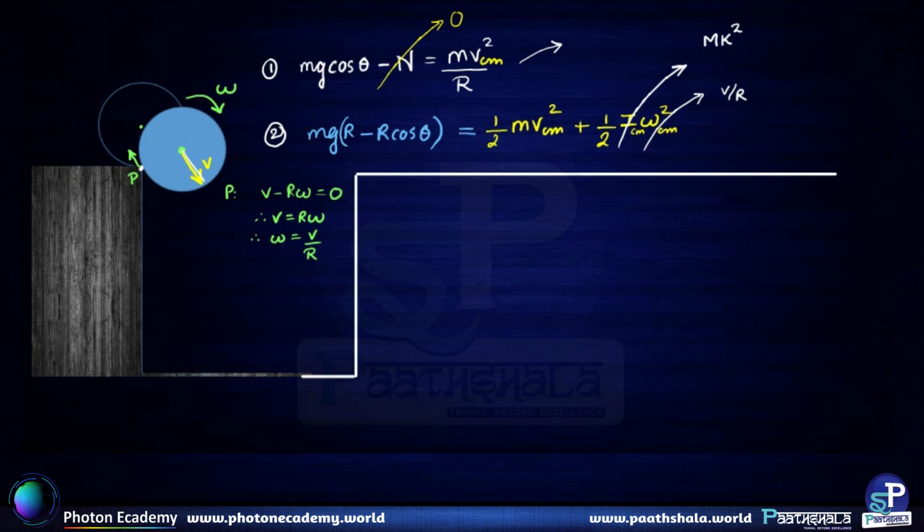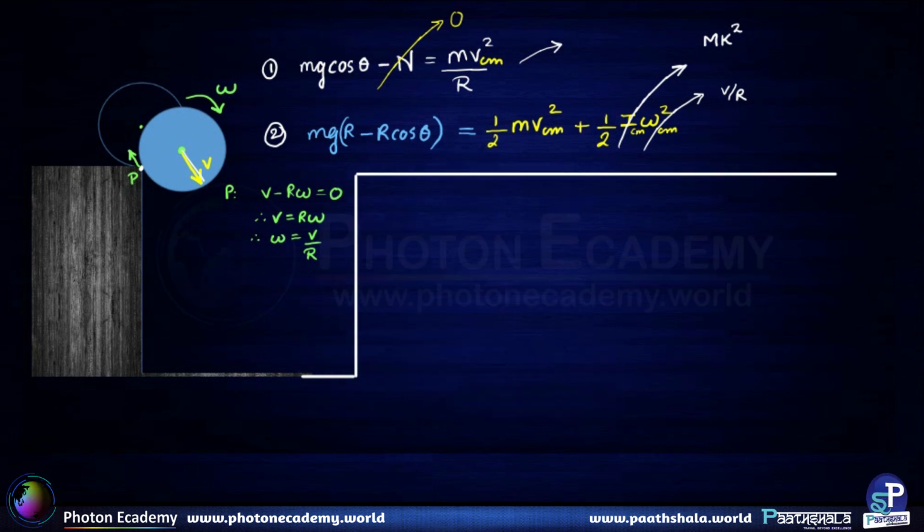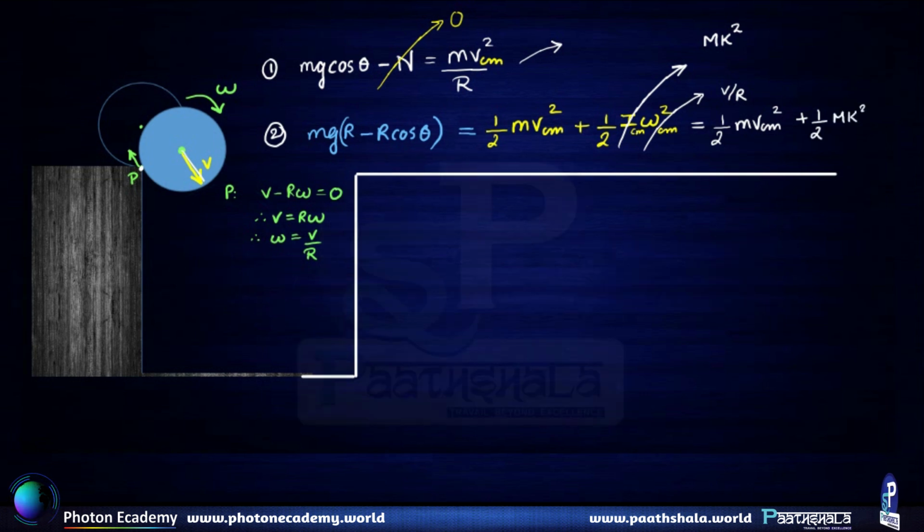Now here m will come, and in place of omega square, v square by r square will come. So this last term I can replace with, let me rewrite this, half m vcm square plus half mk square vcm square upon r square.